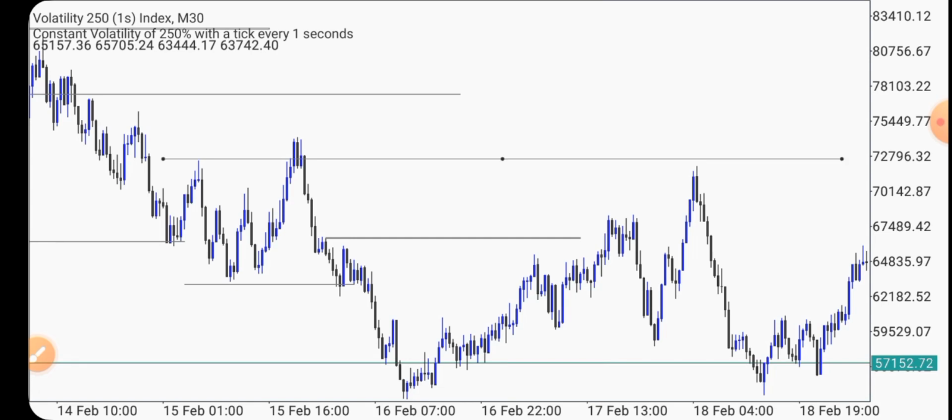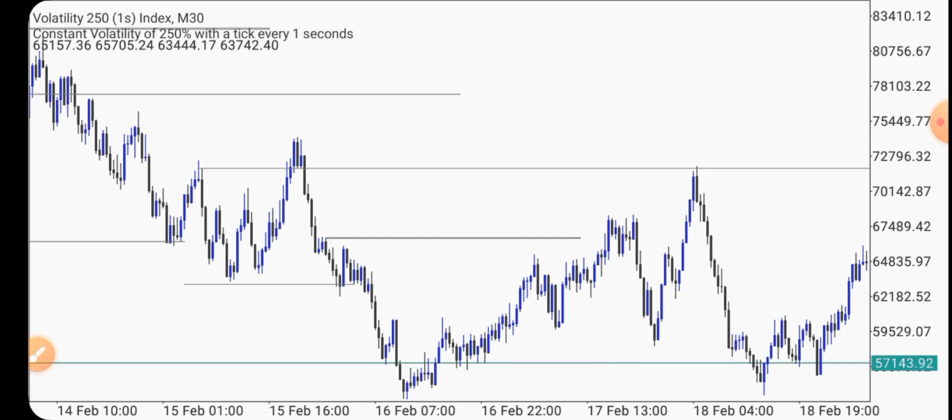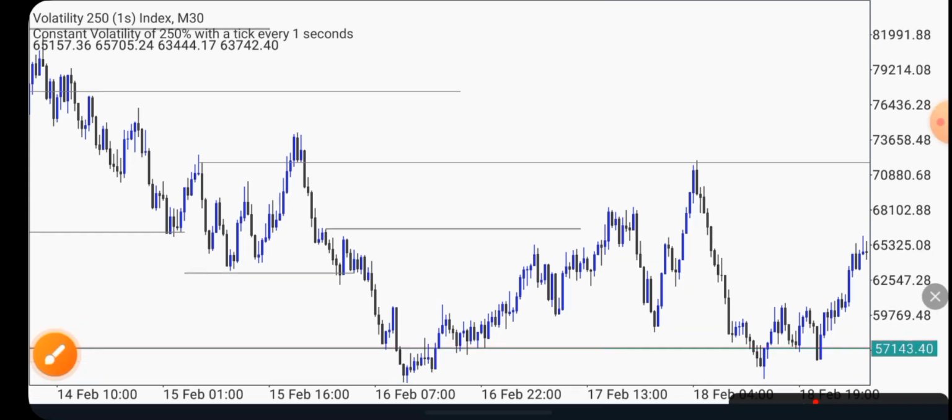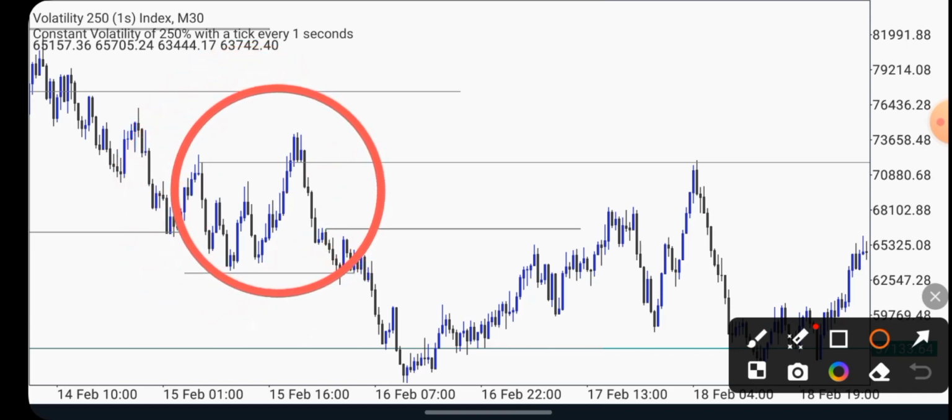In 30 minutes we have our order block being moved around this zone here, because we have an imbalance around here. So we have our liquidity, we have our order block, we have the zone on its own.